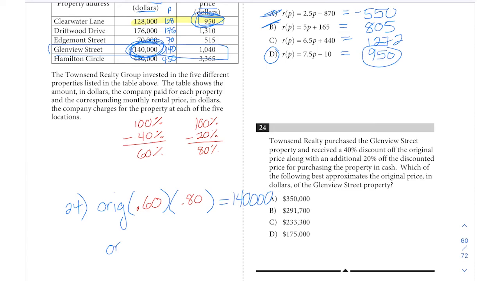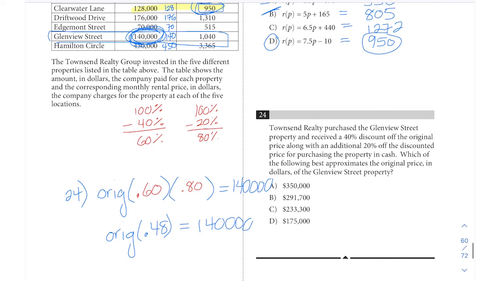And so here, if you do the math on this, your original price, 0.6 times 0.80 would give you 0.48. And if you did 140,000 divided by 0.48, that's going to give you an original price on this of $291,666.66 repeating.